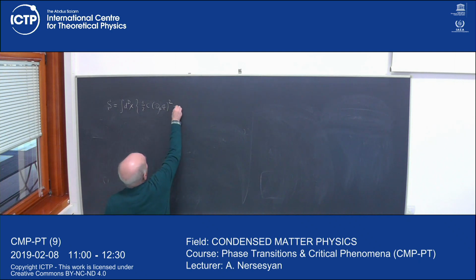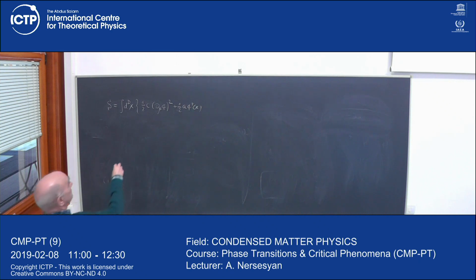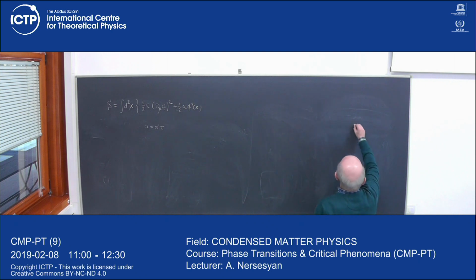And then we had the term which was quadratic in this field. And we also remember that A, according to Landau theory, was proportional to the distance from the critical point, T minus Tc by Tc. The distance on the energy scale, the temperature scale, right?